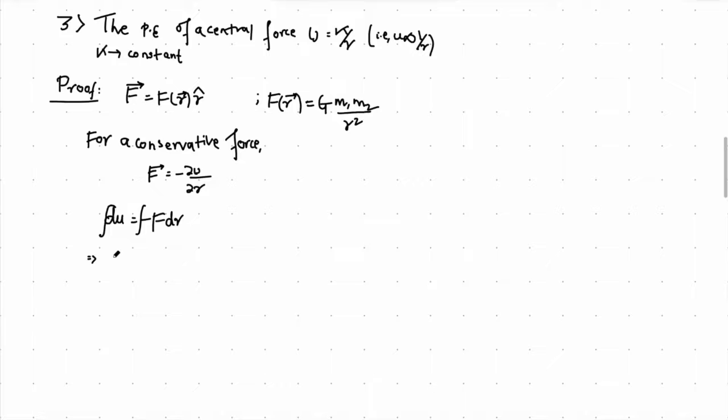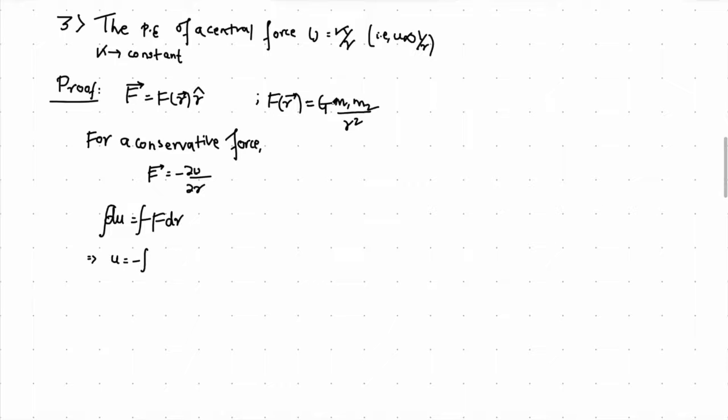So U is equal to minus the integration. Now if you consider any force, it may be the gravitational force, or the electrostatic force between two charges, every time you have some parameters on top, and at the bottom it is r square, and the parameters on top are more or less a constant.